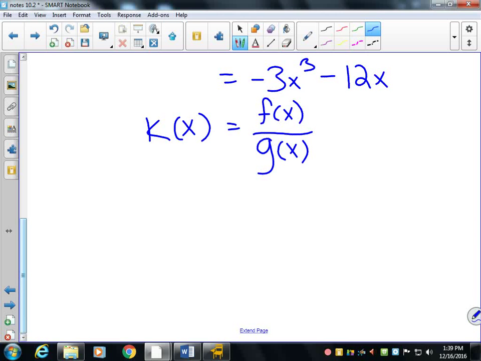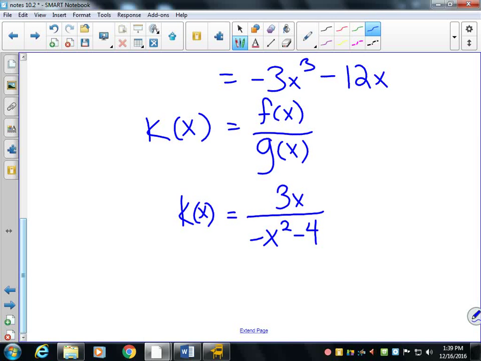What's f of x? 3x divided by g of x, which was negative x squared minus 4. Even if we factor it, we'd pull out a negative 1, we'd get x squared plus 4. You can't cross anything out, so this would be where I would leave it. K of x is equal to this.